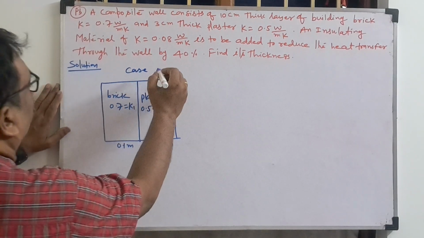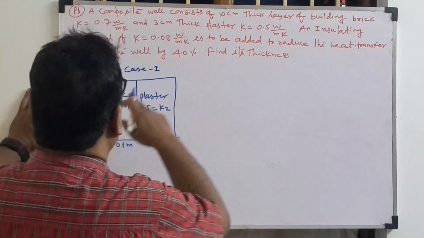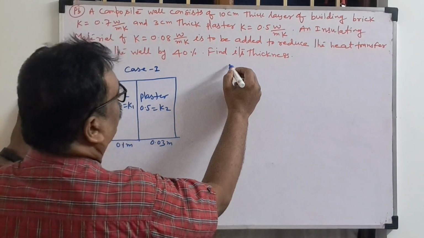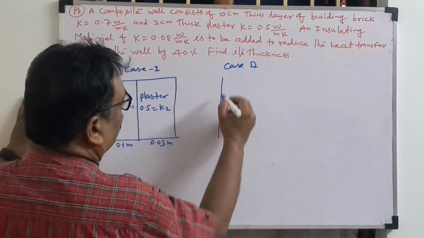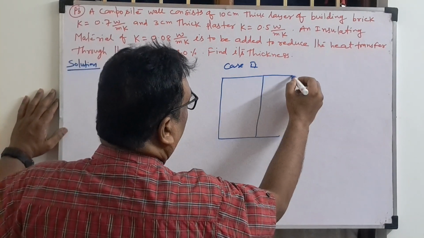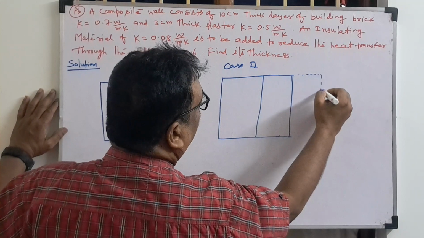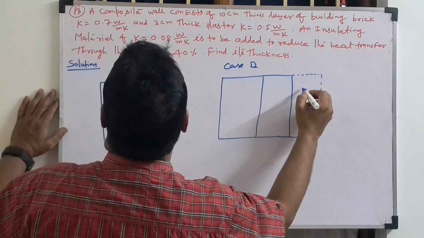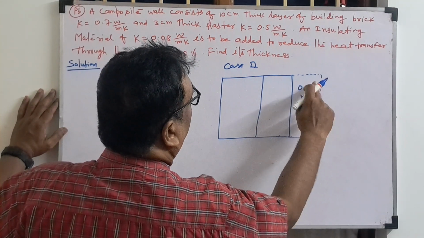So case 1, two walls are there, whose thermal conductivity and length are given. What are they asking in case 2? In case 2, if the same wall, brick and plaster, has one insulating material added, an insulating wall, whose thermal conductivity is 0.08, that is called K3.